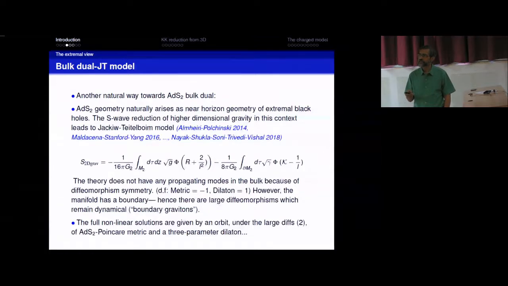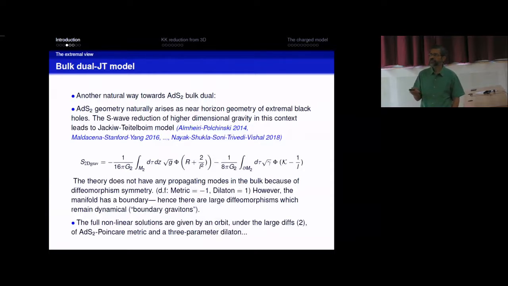But in these Jackiw-Teitelboim models, there's a scalar field which measures the departure from the horizon region of extremal black holes or near extremal black holes, and the dilaton captures that information, so that's naturally there.